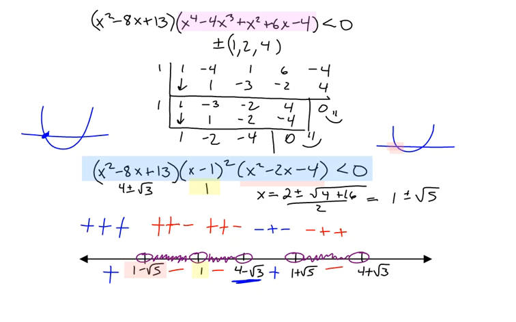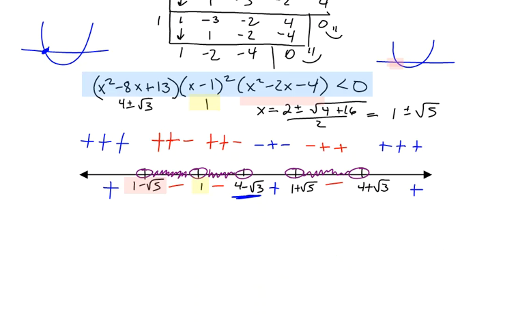And for the last one, when we plug in a value of x really large, like x equals 100, positive, positive, positive. All parabolas are positive there for the end behavior. That's going to be a positive. That does not work.